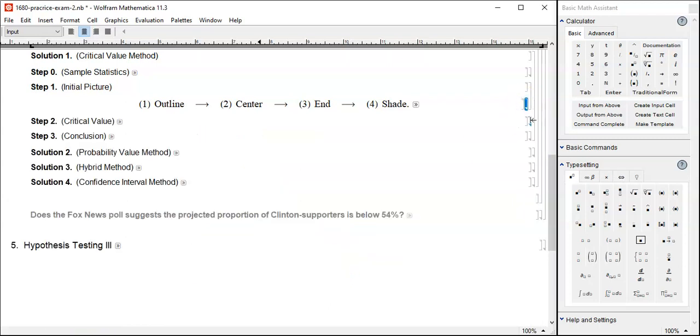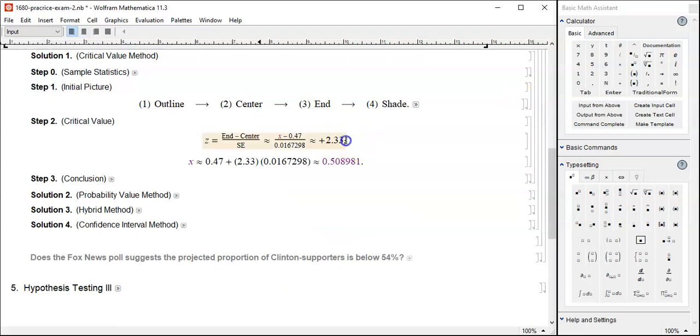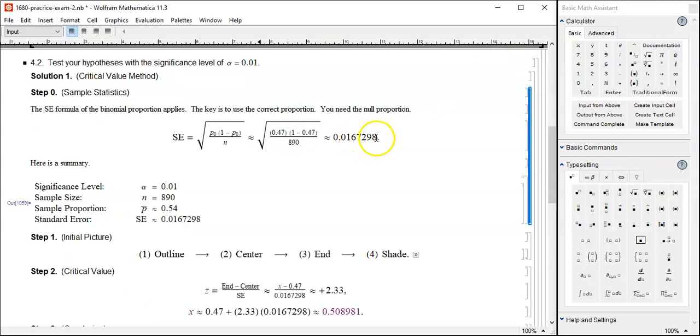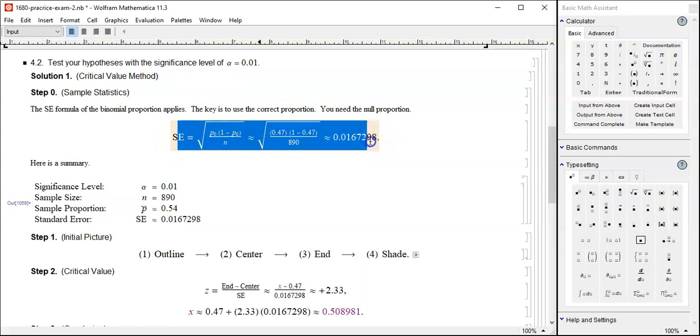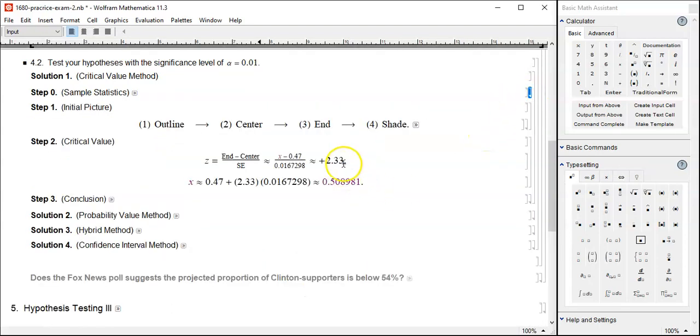How do we do that? The same formula: x minus center over SE is 2.33. Please remember we are using the standard error we calculated before, this computation we did in the previous step.